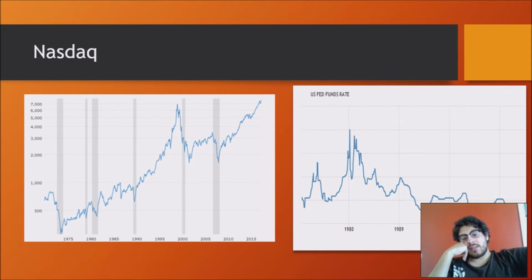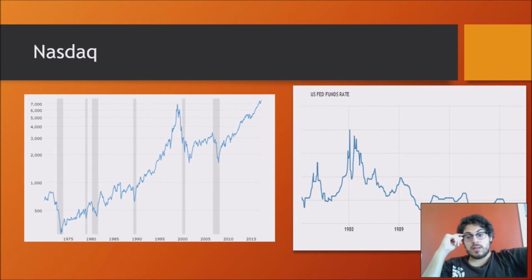Actually, the drop in the Nasdaq that year wasn't that much. Then after 1980, interest rates start to decline, and they've been declining all the way until 2007, pretty much, as you can see from the federal funds graph, which means that the Nasdaq has been going straight up, all the way to 2000.